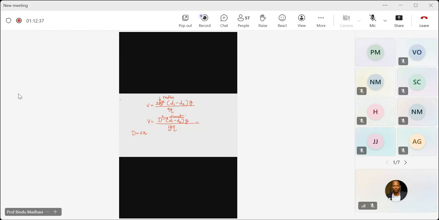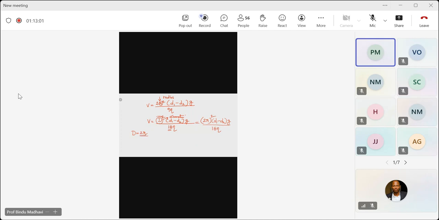Yes. So I'm using the 2R in the place of diameter. I'm using the square. So now the rest of the things I'm not changing: (D1 minus D2) multiplied by G over 18 eta. I'm not changing anything. Only in place of capital D, I used 2R.